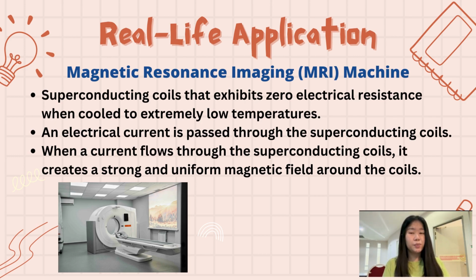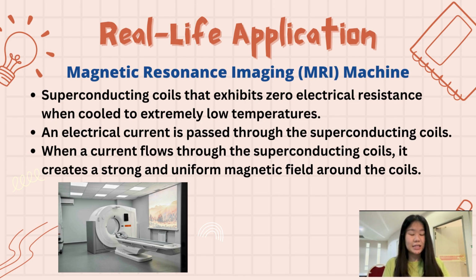MRI machines use superconducting coils that exhibit zero electrical resistance when cooled to extremely low temperatures. This extreme cooling is necessary to enable the superconducting material to conduct electricity without any resistance. Once the superconducting coils are cooled to their operating temperature, an electrical current is passed through them.